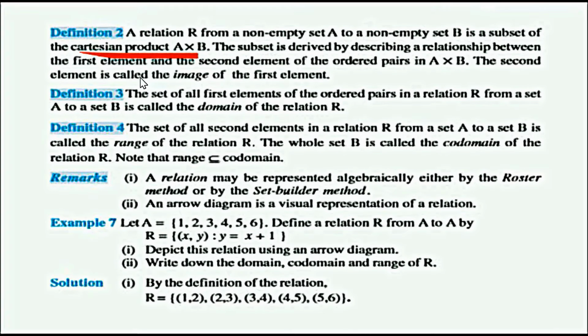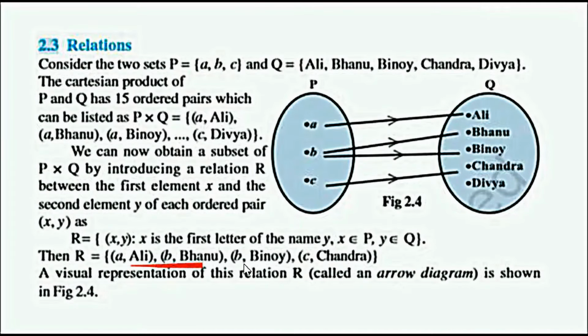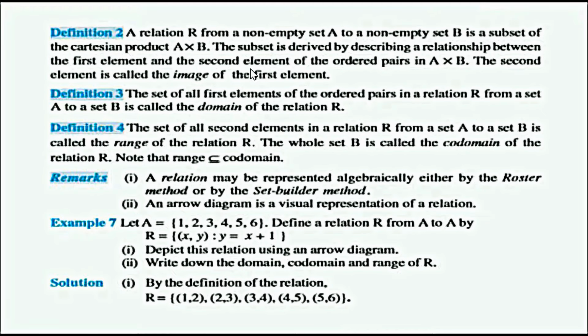As you have seen in the previous discussion, 15 possible ordered pairs were there, but only 4 qualify for this relationship. So the subset is derived by describing a relationship that we just saw. The first element and second element have to have some relationship, and that will be represented in the form of an ordered pair. The second element is called the image of the first element.